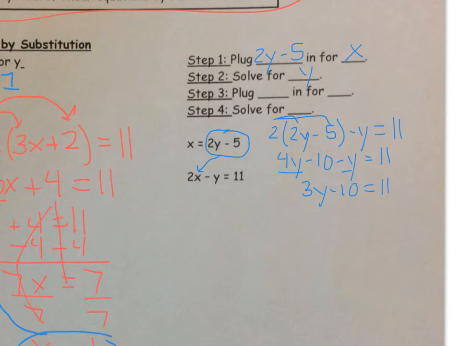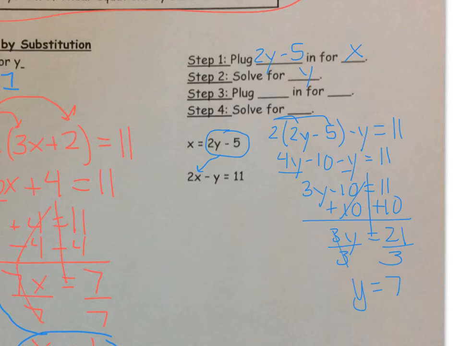Okay, solve for y. So add 10. 3y equals 21. Divide by 3. And y is 7. Okay, hey, if any part on here gets confusing, star it, come back to it, ask about it tomorrow.